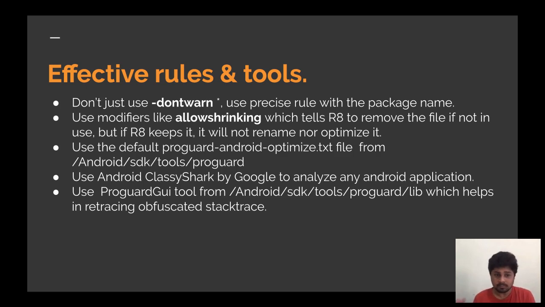Fourth point, use Android Classy Shark by Google. It's an open source tool to analyze your Android application. It shows everything, like method counts, what the reference methods are, how many interfaces and class names there are, and everything related to your Android application.